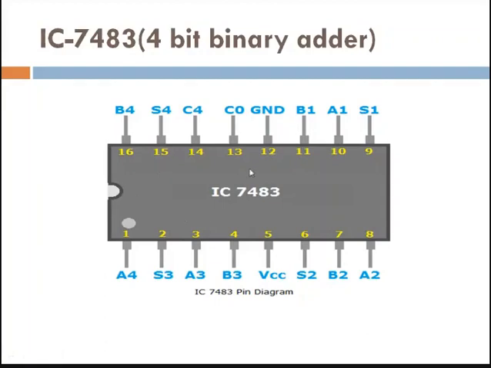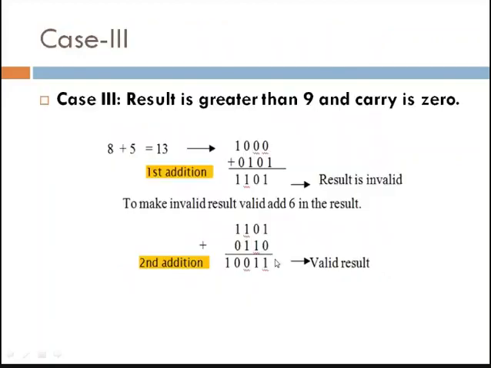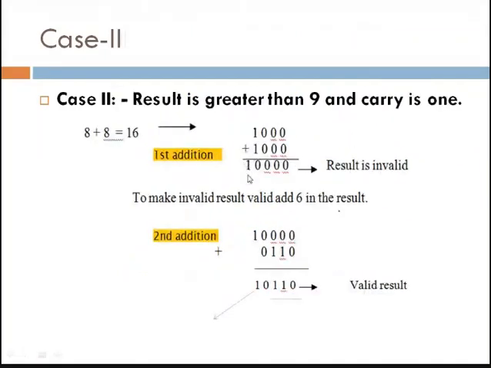Just understand why these 16 pins are required for this particular IC. 12 pins are input and output. The next two pins are for the ground and VCC, and the remaining two pins are for the following. When we are performing this case 2, in the first addition we are getting the carry output, and in the second addition we consider this as one number, and this sum part, or the result part, we assign as it is.